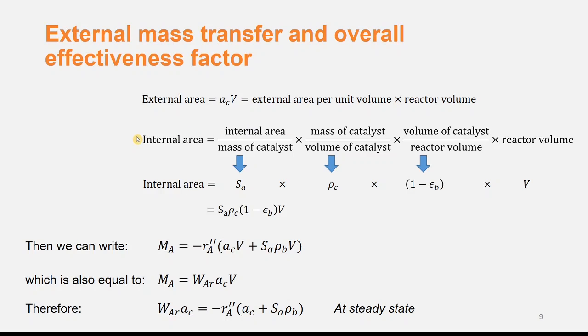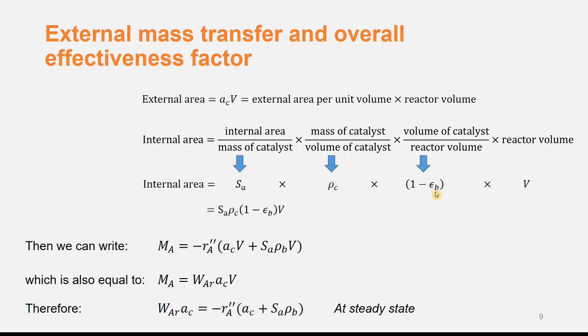We can calculate the internal area as follows. First, take the internal area per unit mass of catalyst, S_a. Then multiply that by the catalyst density, rho_c. That gives us the surface area inside the catalyst per unit volume of catalyst. However, we want it per unit volume of reactor. To get that, we multiply by 1 minus epsilon_B. Epsilon_B is the void fraction of the packed bed.